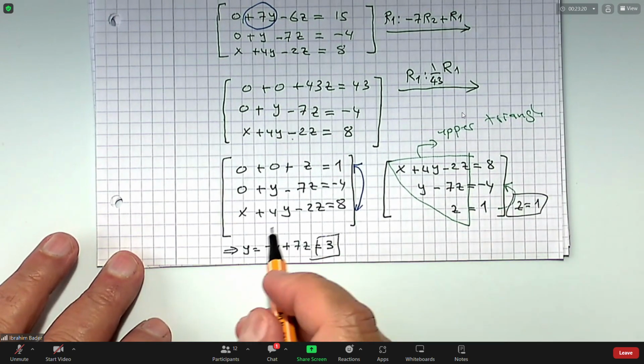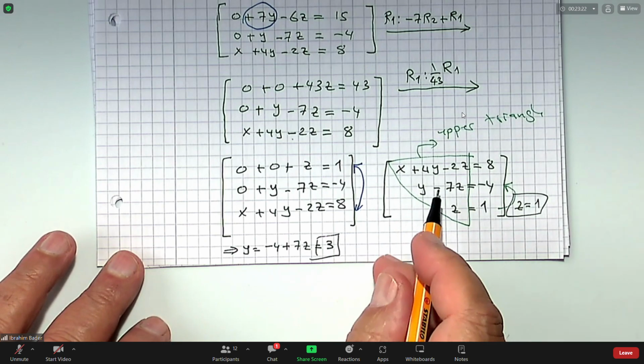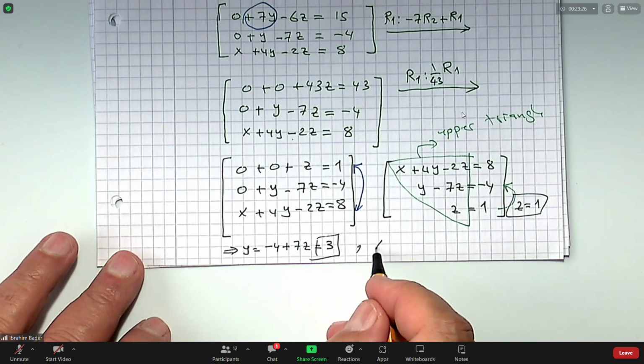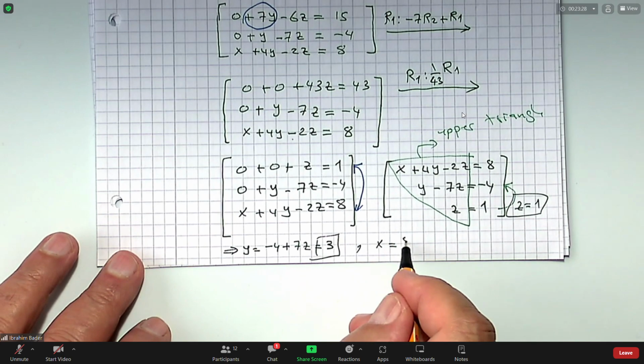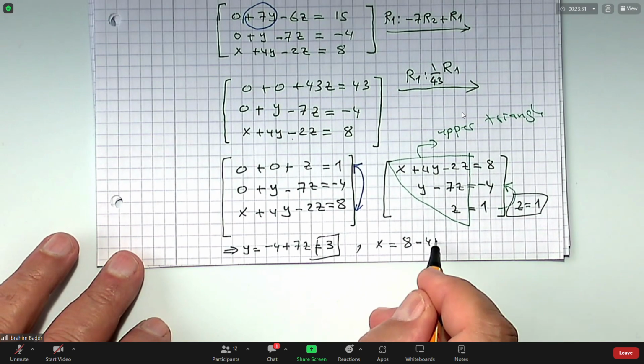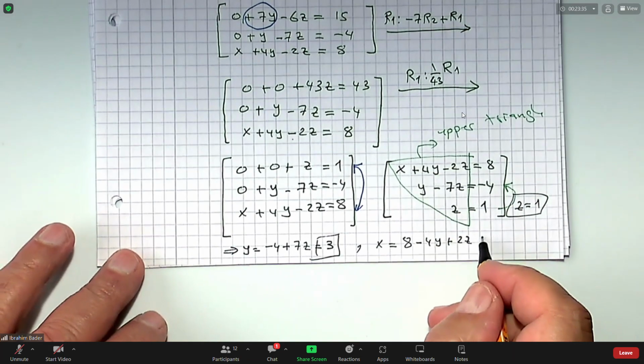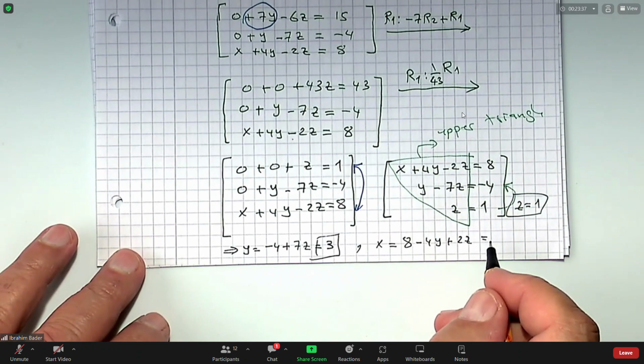So this is the first one. And then if I plug it here, I will also be getting x equals 8 minus 4y plus 2z. And this is equal to 10 minus 12, right?